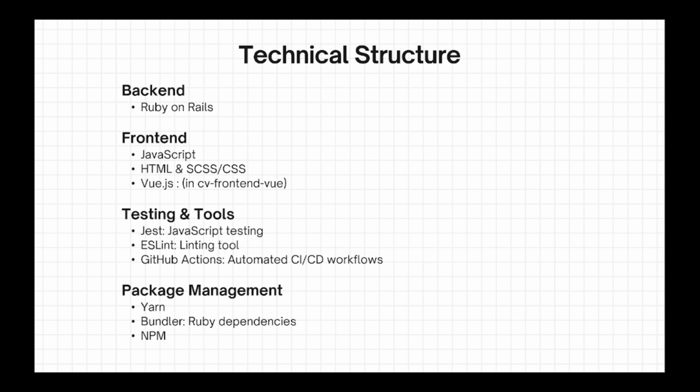Testing and tools include Jest for testing, ESLint for maintaining code quality, and GitHub Actions for automated workflows. Package management is handled by Yarn, Bundler for Ruby dependencies, and NPM for managing node modules. So this well-organized structure ensures that CircuitVerse is both scalable and maintainable.